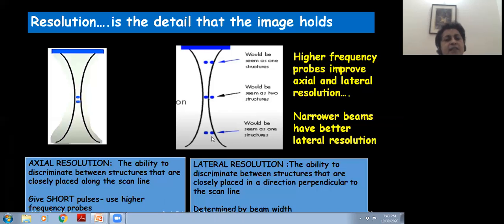And in the far field, again, the two separate structures will usually be seen as one. So I have to have a good axial resolution and a good lateral resolution in order to make out two separate structures. So higher frequency probes improve both the axial and the lateral resolutions, and the narrow beams have a better lateral resolution. So if I alter the frequency, I will be able to make out structures as two separate structures.